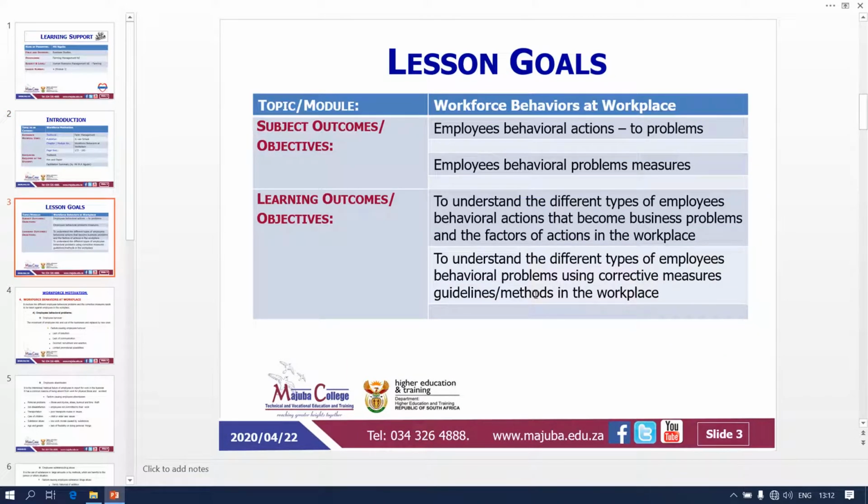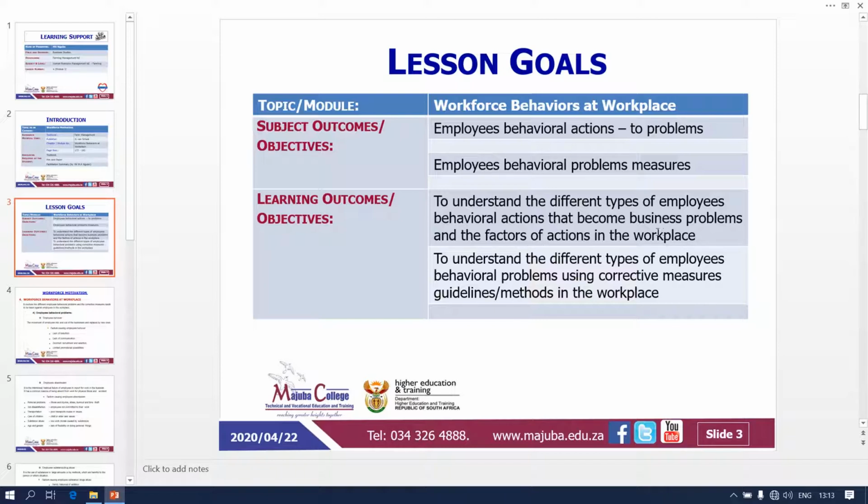Workforce behaviors at the workplace is our module. We are going to look at employees' behavioral actions that lead to problems, and then the corrective measures that need to be taken. Our learning outcome is to understand the different types of employees' behavioral actions that become business problems, and the factors of those actions in the workplace.